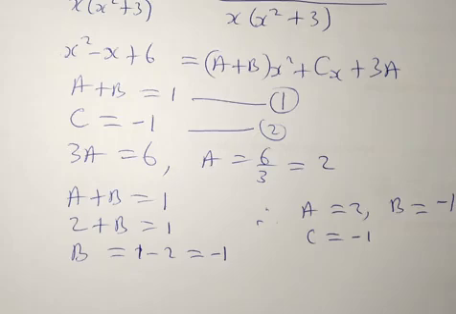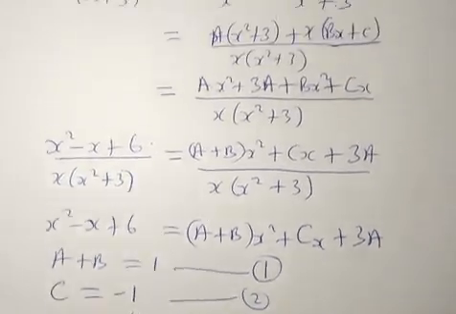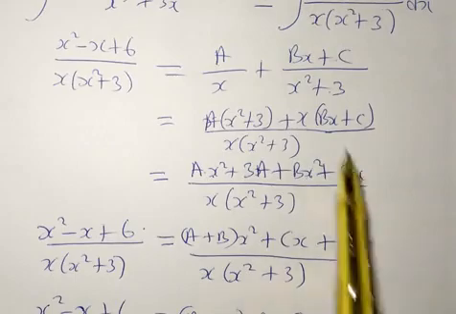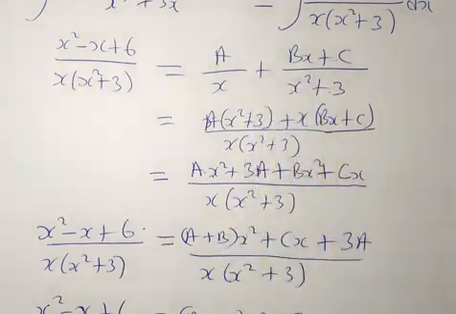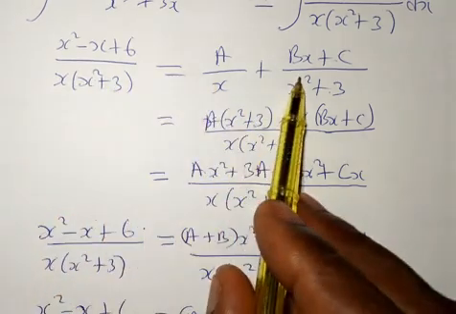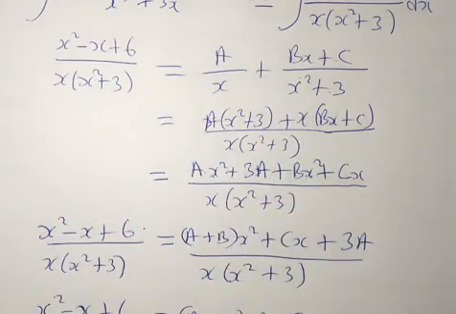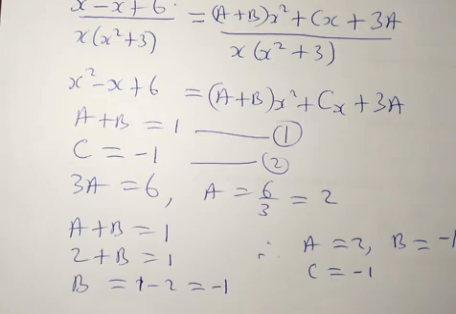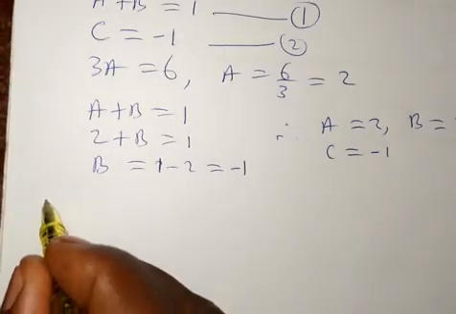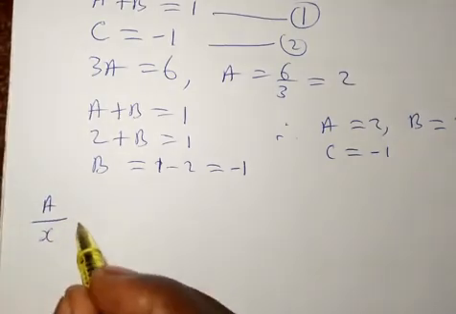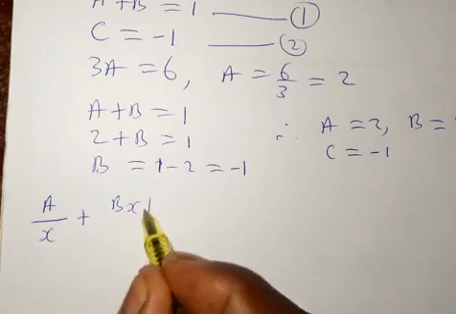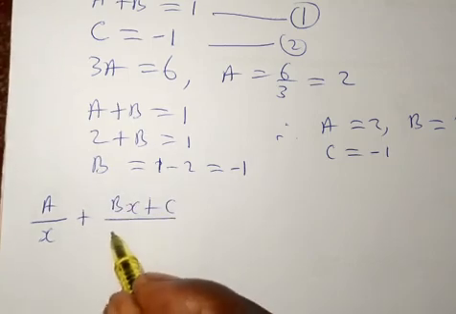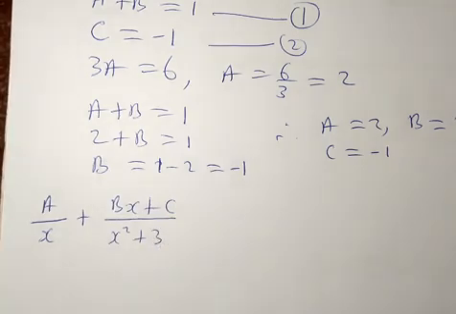So we will go back to this one. Since this is what transformed to this, then we can now write that A over x plus (Bx + C) all over (x² + 3), and we will now replace the values of A, B, C in order to have the real equation so that we can be able to integrate.